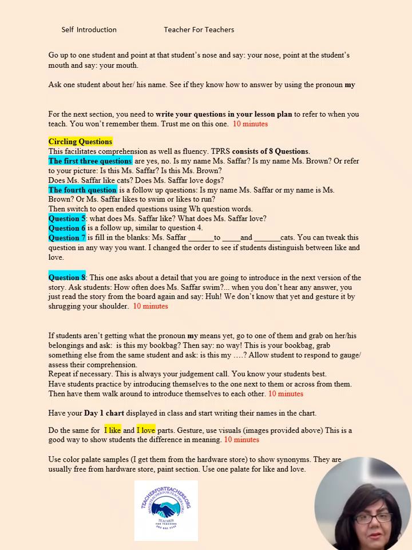What does Miss Safar love? Let's go back to the story. The story is very short. And point at the text and show them where the word like and where the word love are, so they make the connection and see if they can give you the answer.